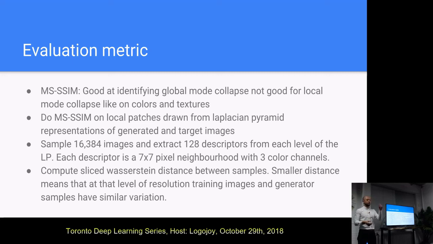A descriptor is just a 7x7 neighborhood that goes through the 3 color channels. You then compute the sliced Wasserstein distance for training images and generator images based on those descriptors for each of the images. In the paper, this method has a lot to recommend it.